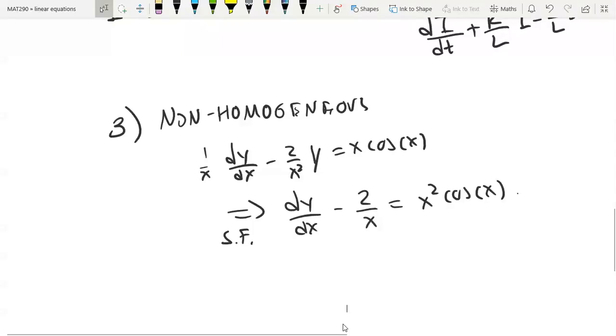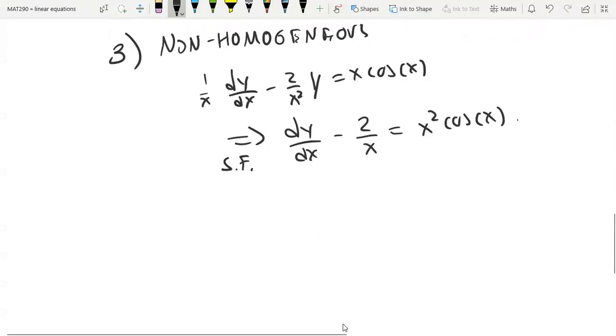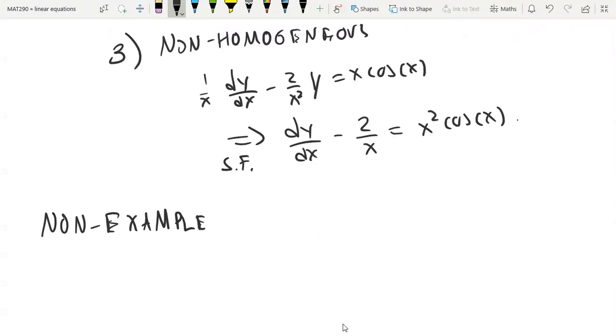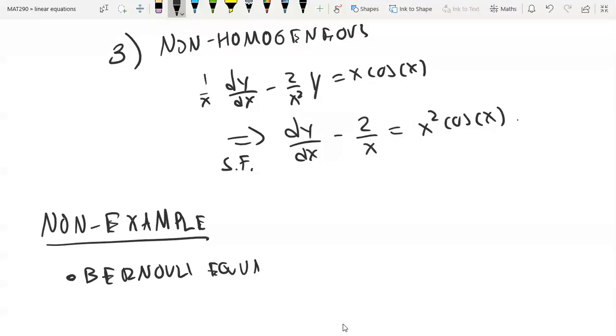Okay, so I have time. I can do one non-example. In general, nonlinear equations. Here's one, the Bernoulli equation.